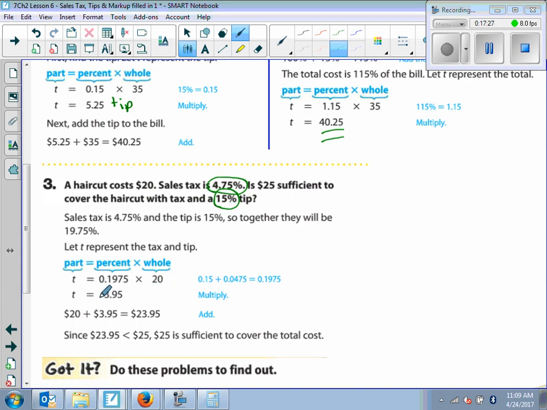So that's going to give us $3.95 for tip and tax. Now we want to add that to the $20 that it costs to get this haircut. So our total amount is $23.95. Do we have enough money to pay for this haircut? Yes, we do.